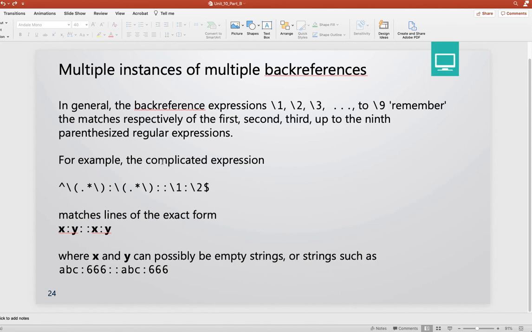For example, this complex expression will match lines of the exact form x comma y double comma x comma y, where x and y can possibly be empty strings or strings like ABC, uppercase or lowercase characters, or numbers.